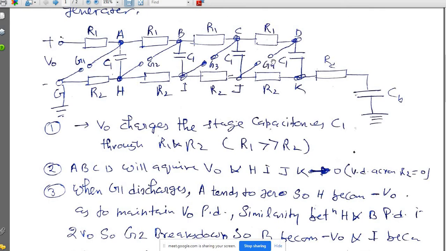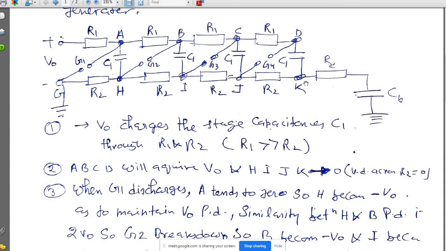And when G4 breaks down, minus 3V0 shifts to D, and K becomes minus 4V0. So in this 4-stage impulse generator, we apply the voltage V0 and get minus 4V0 at point K.